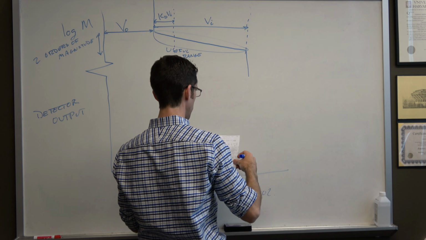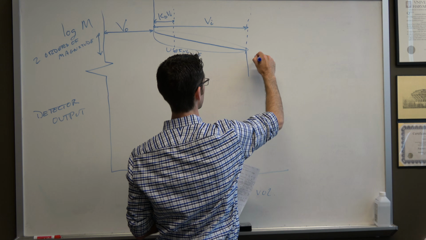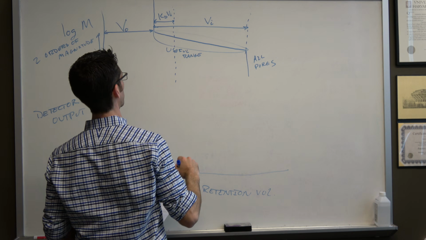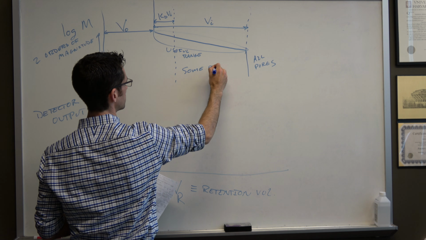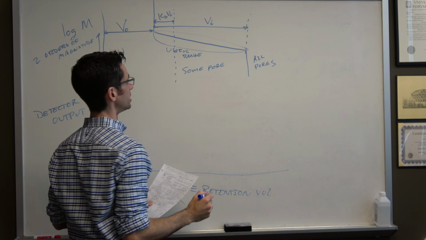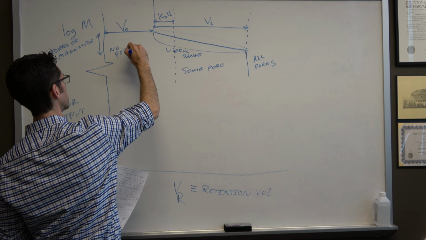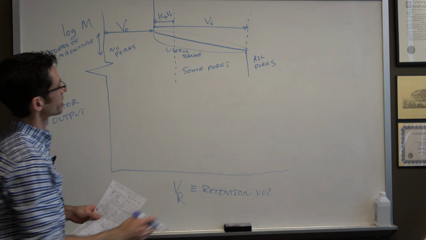And then over here, the solute is so small that it goes through all the pores. So this is the all pore regime. This is the some pore regime. And this is the no pores regime. So where we want to be is right here.